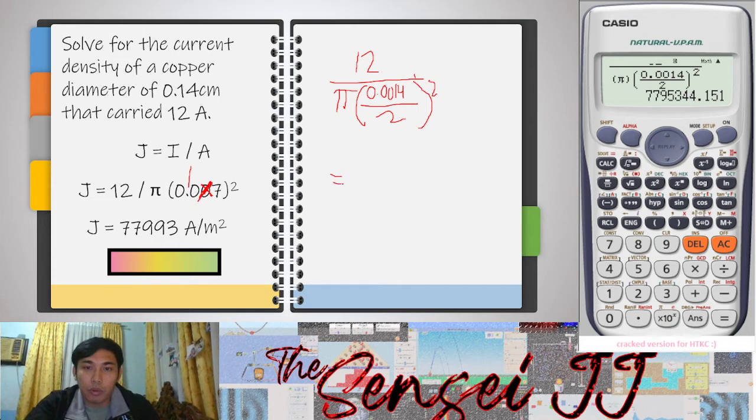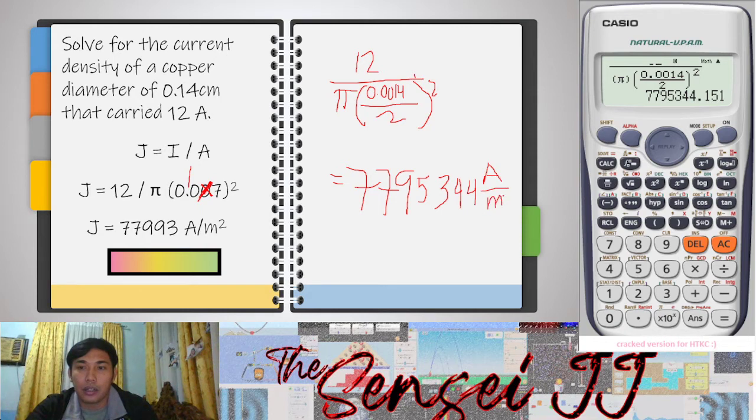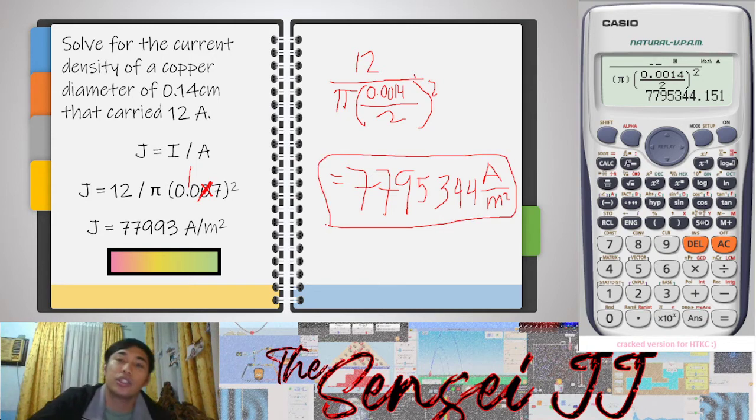So in this case, we will be having an answer of 7, 7, 9, 5, 3, 4, 4 ampere square meter.